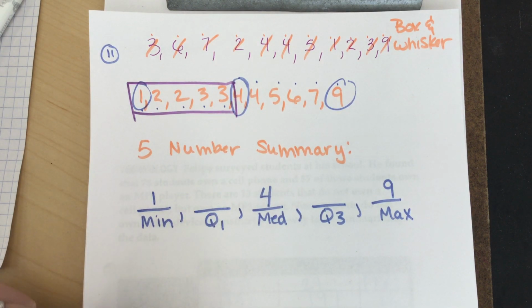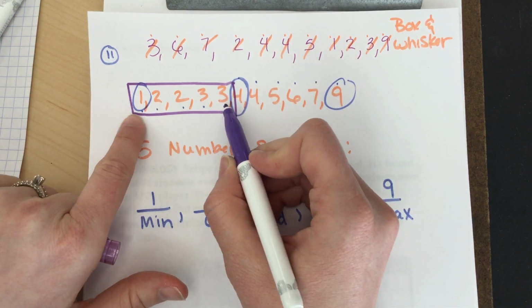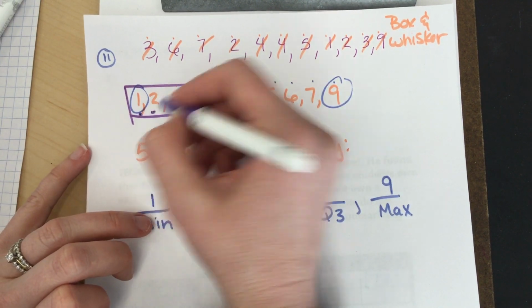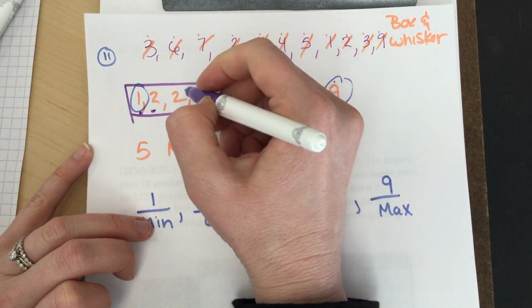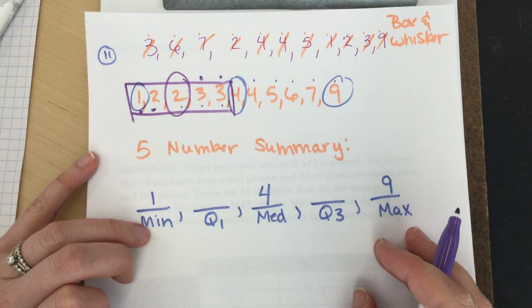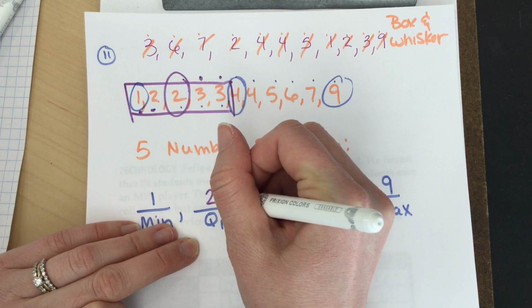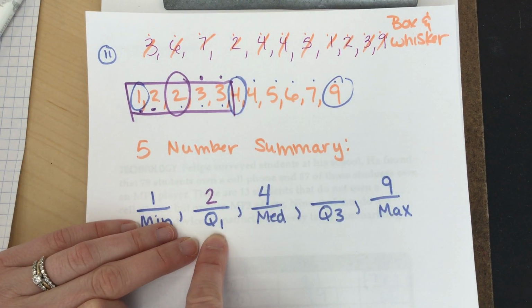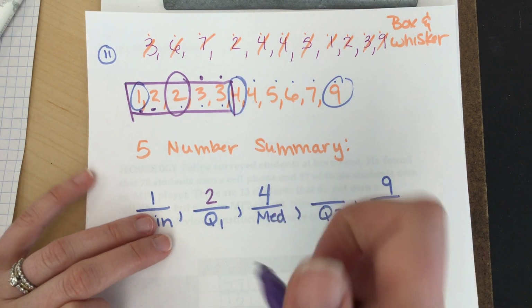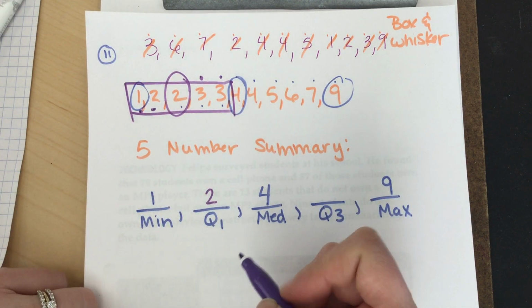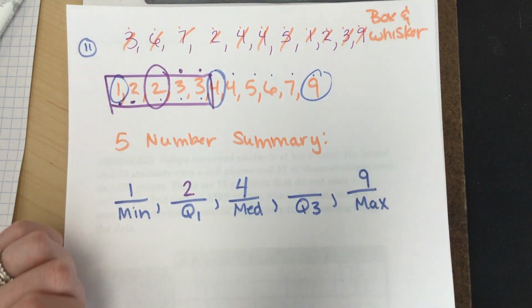Looking at these first 5 numbers, you can see that 1, 2, 3, 4, 5, 1, 2 on the left, 1, 2 on the right, 2 falls exactly in the center. Because 2 falls exactly in the center, that is our Q1, first quartile. If there were 2 numbers in the center, you would find the average of them, just like you did with the even number video.